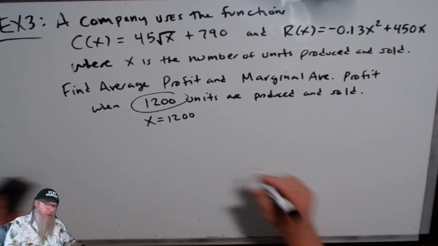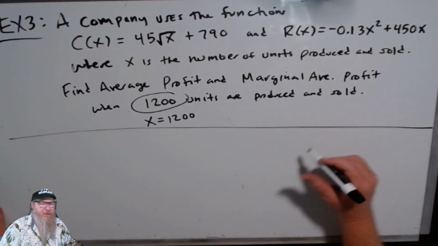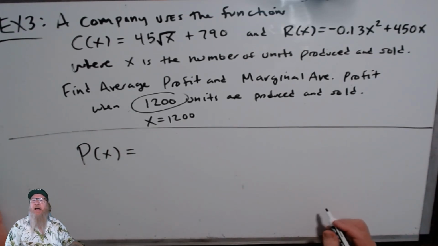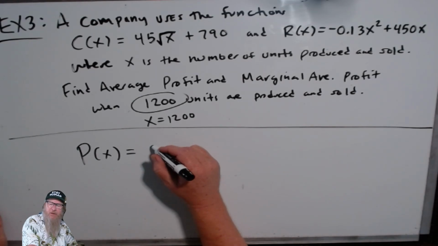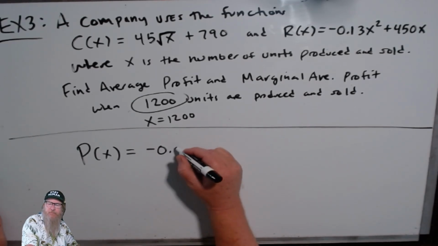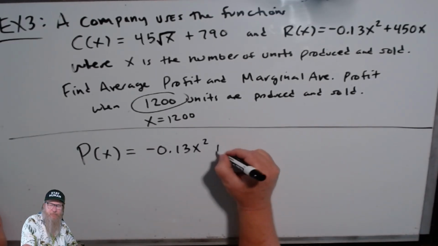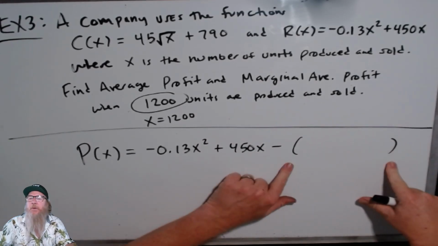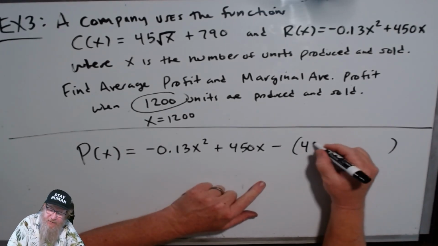All right, well, let's get into it. We got a lot of steps to do here. Profit's a little more complicated. Remember, profit depends on the number of units that you sell. It's equal to the revenue minus the cost, and I always put parentheses around the cost.